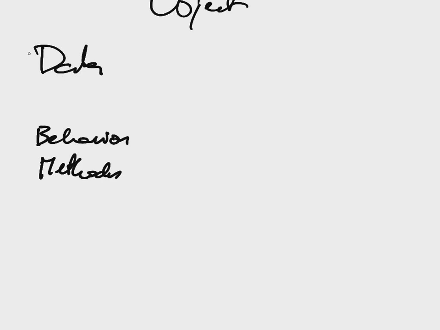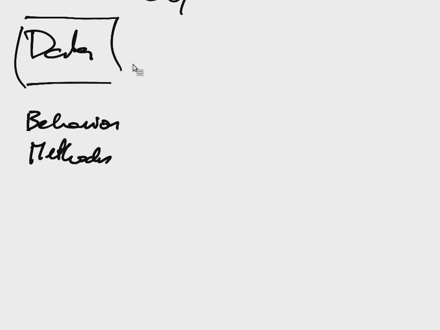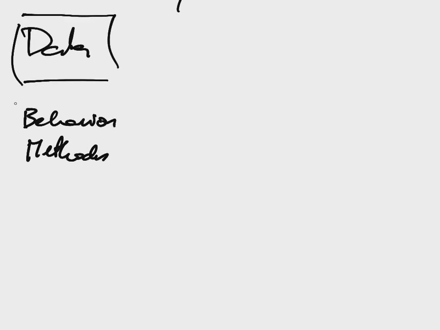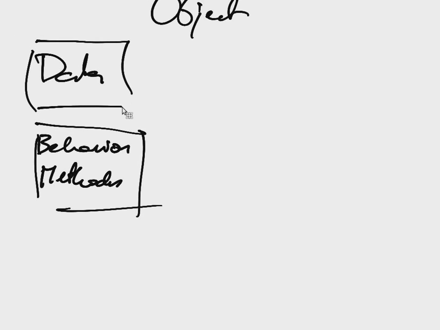In reality it is not so simple, because data is still a separate part and behavior is still a separate part. But if you look at it in a more abstract way and do not care so much about details, then an object represents structured data by itself and also behavior, or what you can do with it.